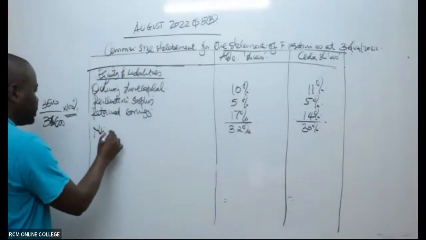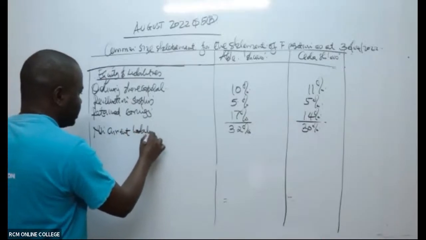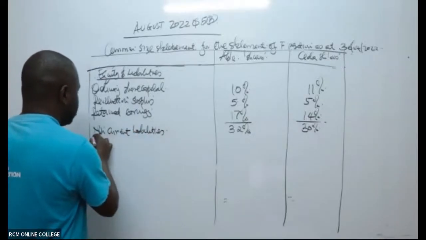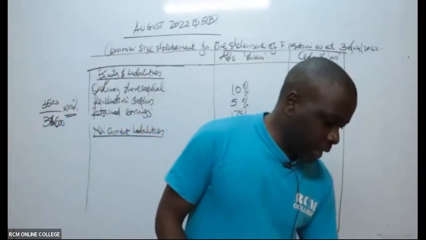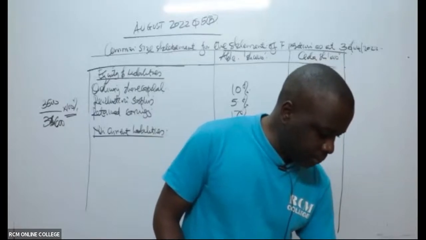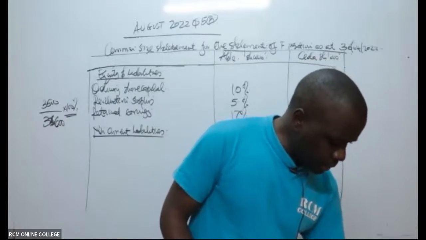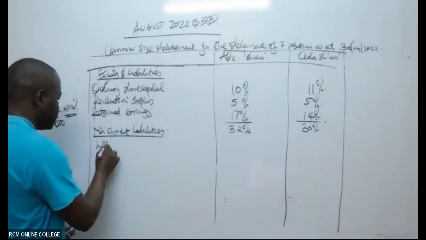For non-current liabilities, the first item we have is lease liability.